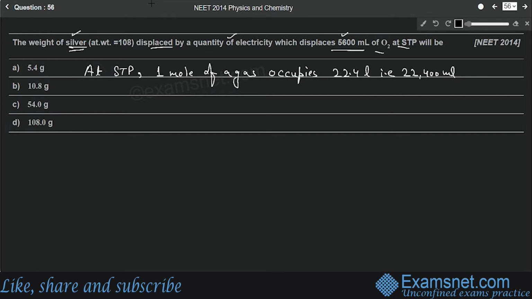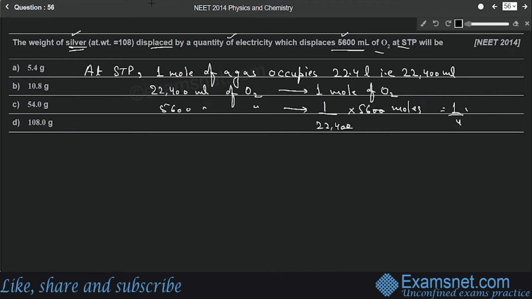It means that 22,400 ml of oxygen corresponds to 1 mole of oxygen at standard temperature and pressure. So 5600 ml of oxygen will correspond to 1 by 22,400 into 5600 moles. And on solving this we'll get 1 by 4 moles. That means 1 by 4 moles of oxygen is displaced by the electricity.